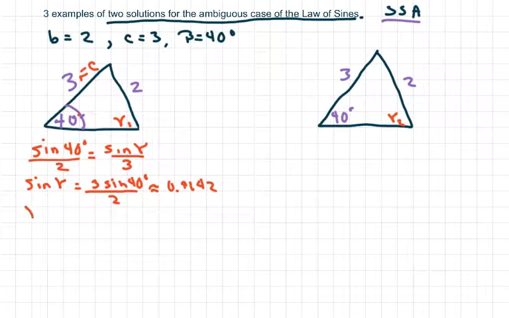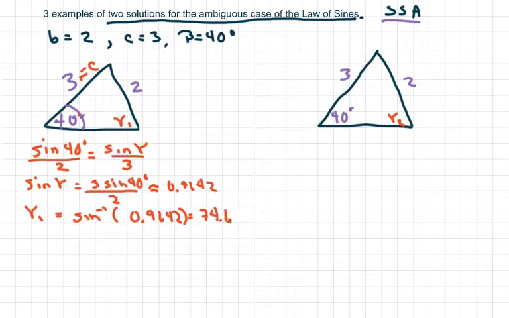And so my gamma 1 equals inverse sine of 0.9642, which equals approximately 74.6 degrees.